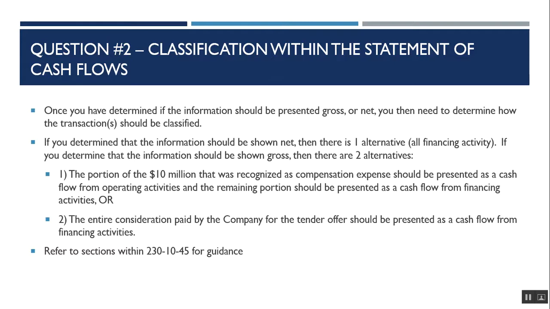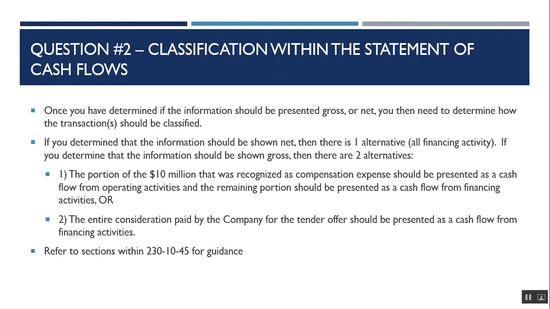If you determine that the information should be shown gross, then there's 2 alternatives. One alternative is the portion of the $10 million that was recognized as compensation expense should be presented as a cash flow from operating activities, and the remaining portion should be presented as a cash flow from financing activities. If you're showing the information gross, you would know that the $10 million that was received from WTD should be shown as a financing activity because it was part of a financing transaction.